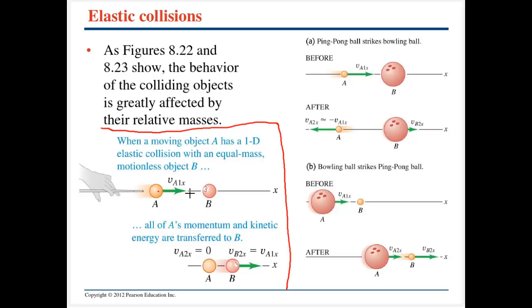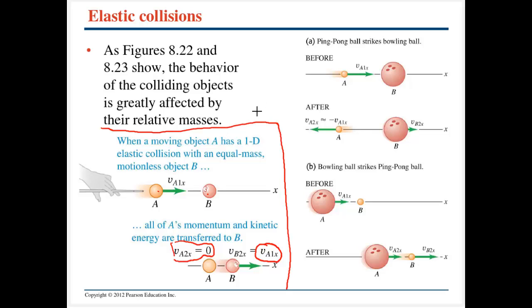Here we have ball A running into ball B and it has some velocity. If the collision is perfectly elastic, then all of A's momentum and all of A's kinetic energy are transferred directly to B, assuming that they have the same mass, and B is going to shoot off with A's initial velocity, and A is going to come to a complete stop.